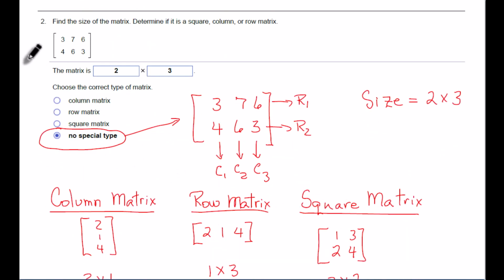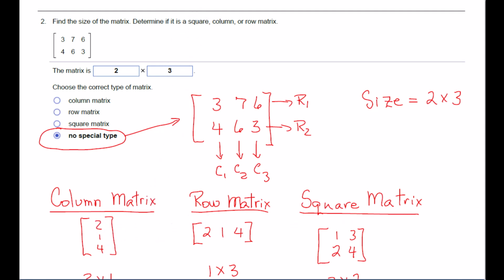Let's see, in question 2 here, they want to know, is this matrix square, column, or row? All right, well, let's see. Looking at it, it's got 2 rows and 3 columns, so it's 2 by 3. It's of no special type because square means the same number.